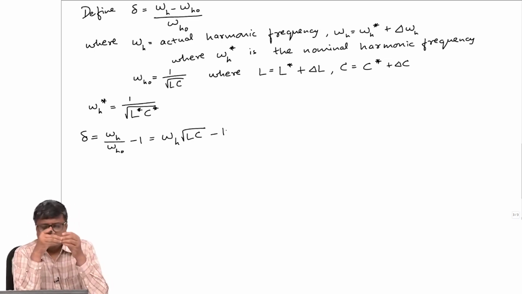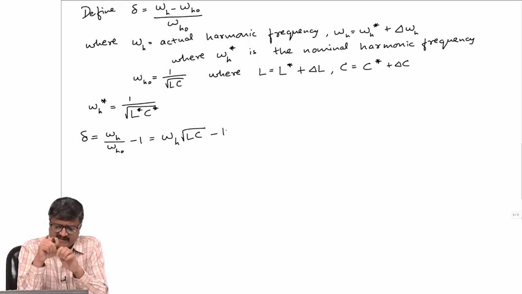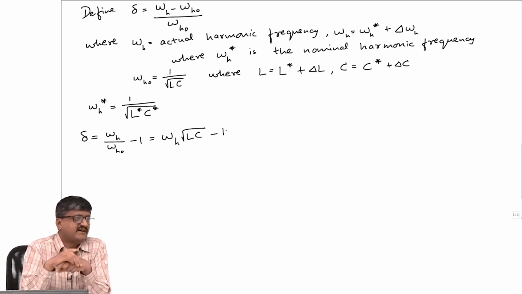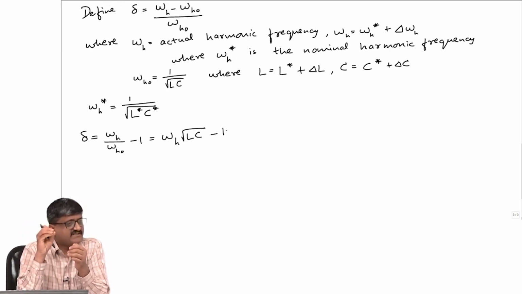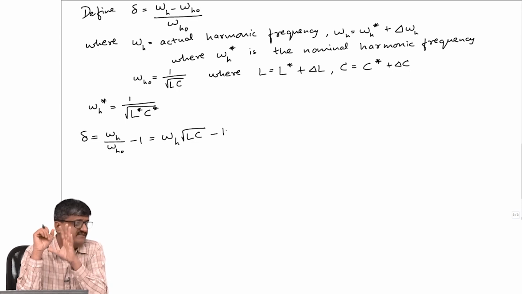Now, the next thing I am going to do is, I will try to expand this right hand side in the expression for delta by using a Taylor series, and the Taylor series is about the ideal values omega H star, L star, C star. Now, please note delta is dependent on omega H, is dependent on L, it is dependent on C, and all these three quantities have an ideal value omega H star, L star, C star.